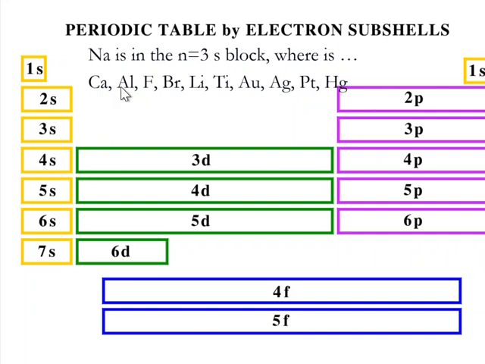How about aluminum? Find aluminum on this chart. Aluminum is located right here in the 3p orbitals. And so you're going to say that the highest energy electrons in the orbit around an aluminum atom are going to be 3p electrons.